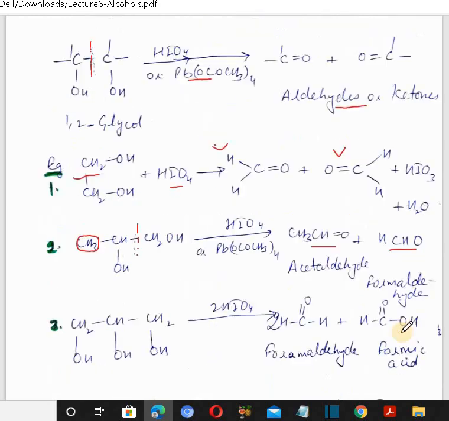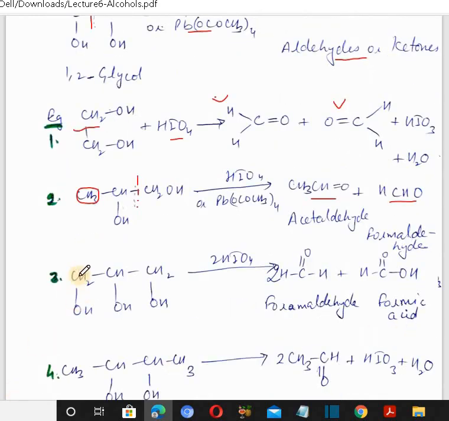And similarly, if we take up another example, CH2OH, that is glycerol, and these two bonds will break with periodic acid. In this, two molecules of periodic acid are required, so we get this single carbon HCHO, and this also gives HCHO, means two molecules of formaldehyde, and this central carbon will give formic acid.